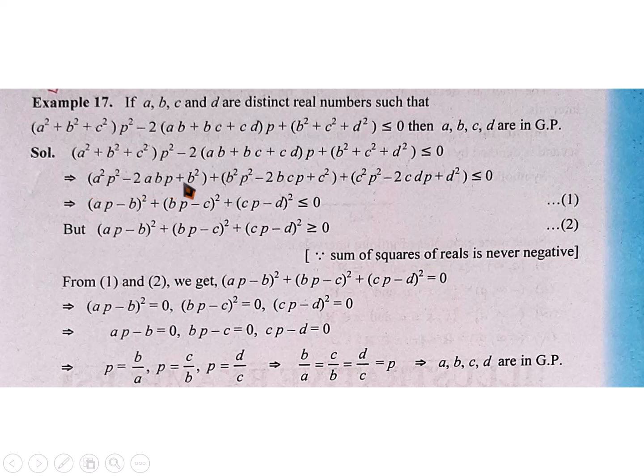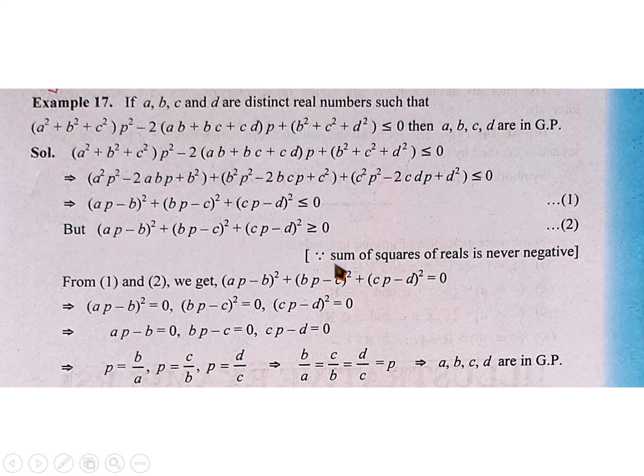So this becomes (ap minus b) whole square, this becomes (bp minus c) whole square, and this becomes (cp minus d) whole square. This is less than or equal to 0. We know that here is a square, here is also a square, here is also a square, and this is a sum. Here is non-negative, here is non-negative, here is non-negative, and the addition is also non-negative.